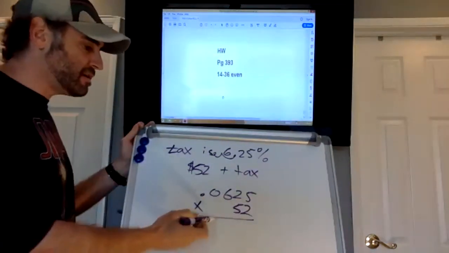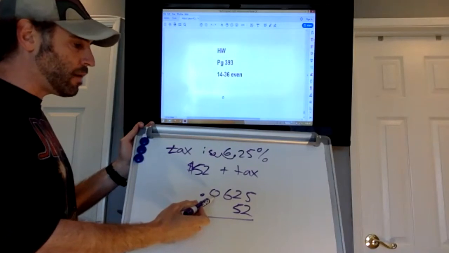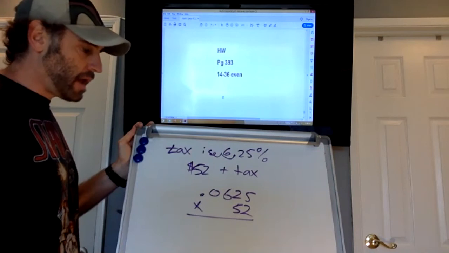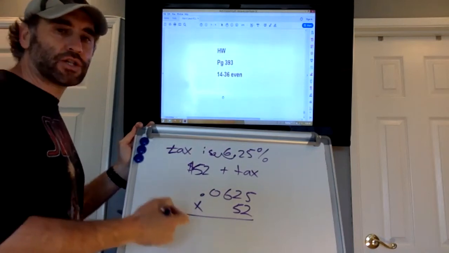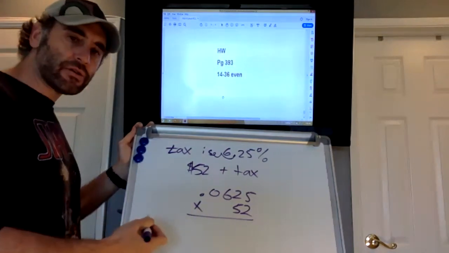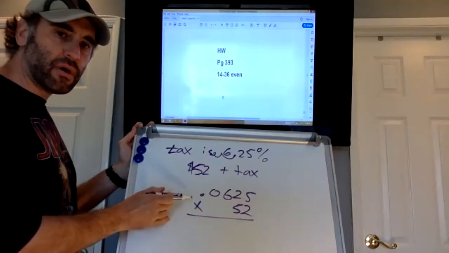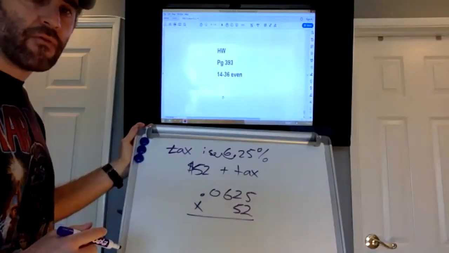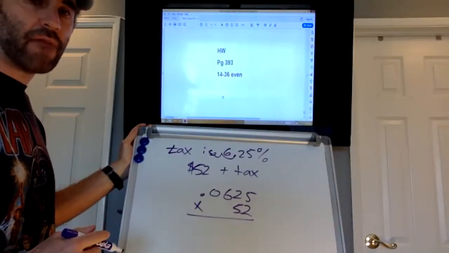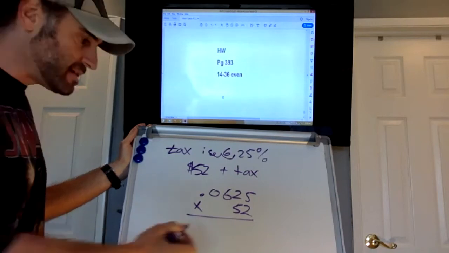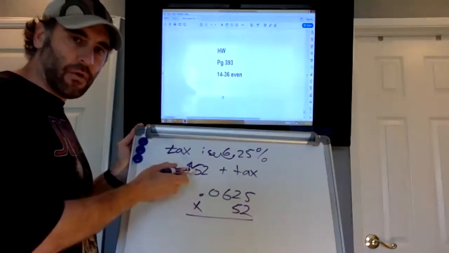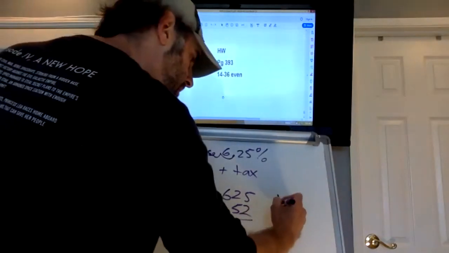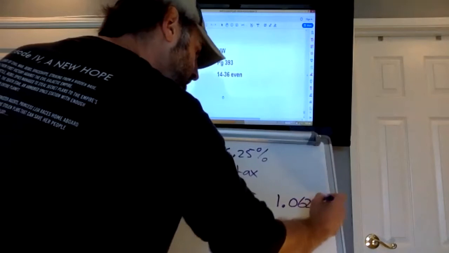When you do this, you're finding how much money is the tax that you're paying. If the question is how much tax is that in dollars, I would just do this problem. If I want to find out how much I end up paying, my total price with tax, then I can take that value and add it to the 52. Or I can calculate it all at once by doing the same problem, but by putting a 1 there.